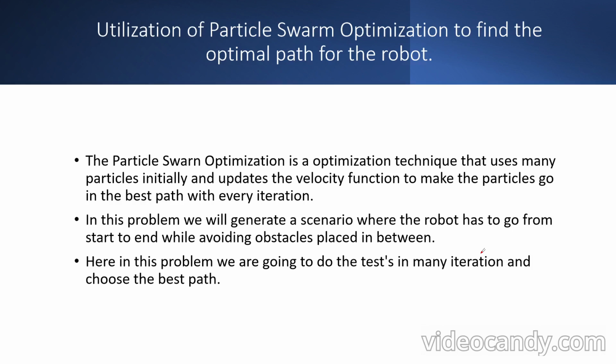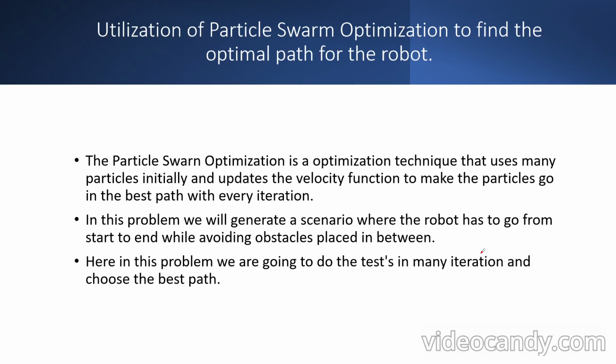So this is the utilization of particle swarm optimization to find the optimal path for the robot. As I said before, it's a technique that uses many particles initially and updates the velocity function to make the particles go in the best path with every iteration.